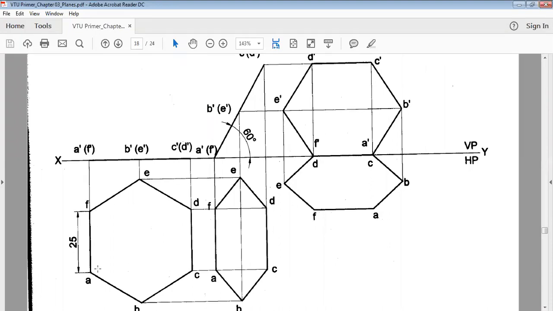So one edge is resting on HP. The other edge is resting on VP. So that is what is given. Up to here, we can be able to do it. But here, for example, this is the apparent view. Apparent view of the top view, we can get this.